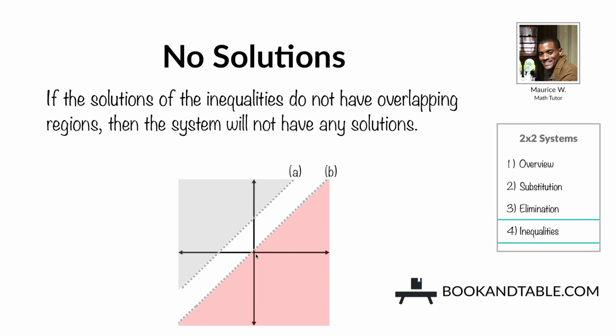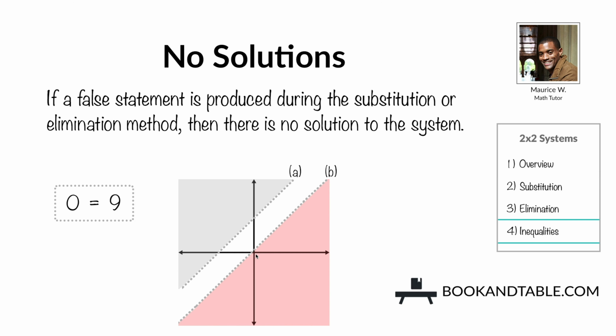Now, as you're going through the process of using the substitution and elimination methods to find the area of solutions for a system of inequalities, you may encounter a false statement. Just like a 2x2 system of equations, if a false statement is produced during the substitution or elimination method, then there is no solution to the system.